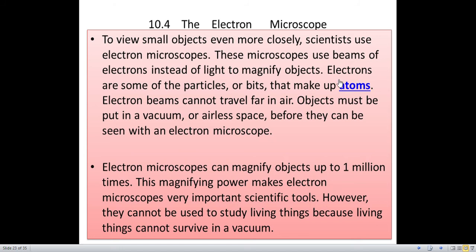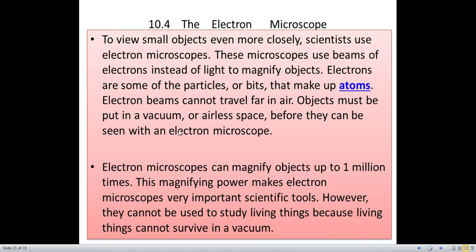Electrons are some of the particles or bits that make up atoms. Atoms, you can see the electrons in atoms. Electron beams cannot travel far in air. Objects must be put in a vacuum. Now, we have to keep the specimen in a vacuum if you want to observe using an electron microscope.